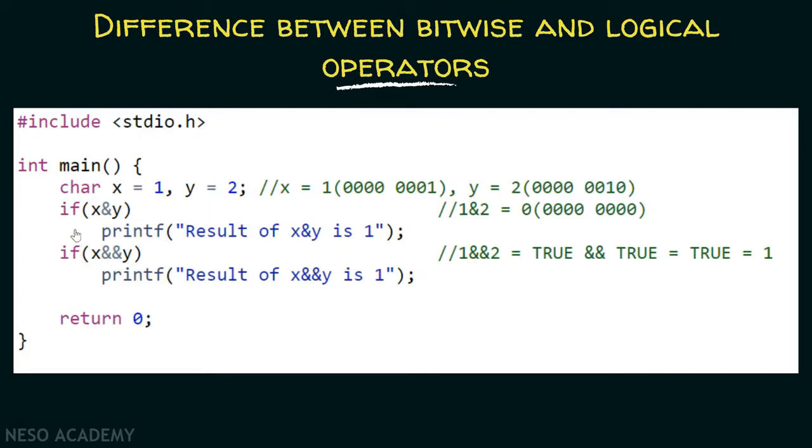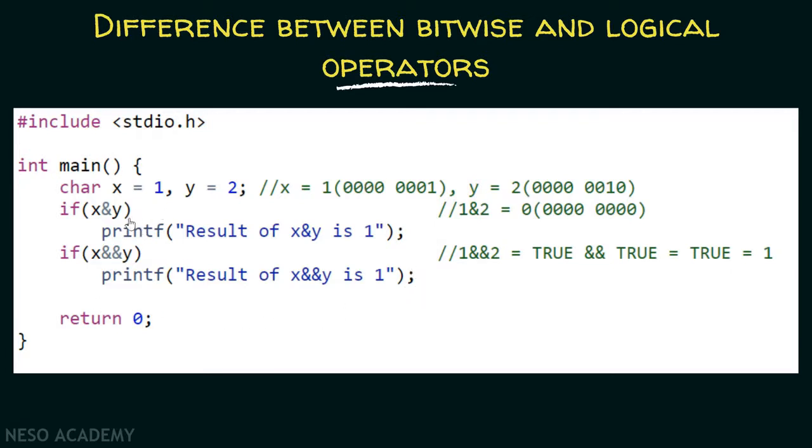Now please don't bother about the curly braces. When we write a single statement immediately after the if construct, then that statement will automatically be a part of that if construct only. Therefore, this printf function is part of this if construct and this printf function is part of this if construct. There is no need to put curly braces here and here.